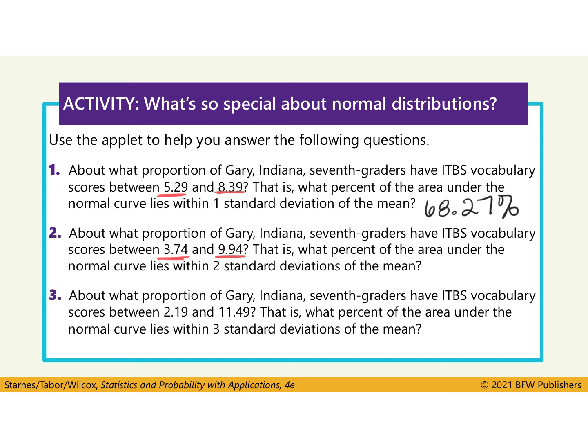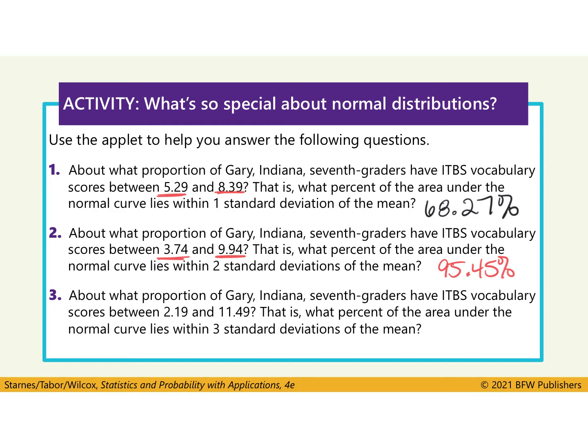All right, what did we get? What proportion is within 2 standard deviations of the mean? 95.45. So about 95% of the 7th graders are expected to be within 2 standard deviations of the mean.